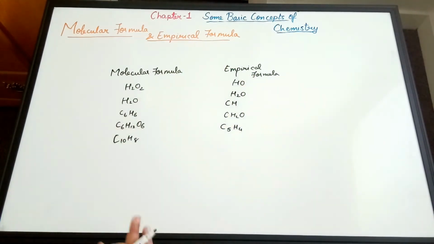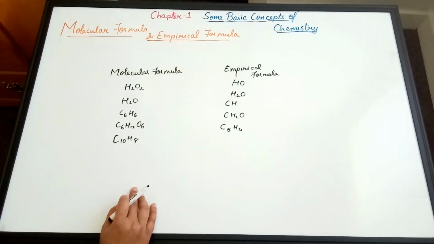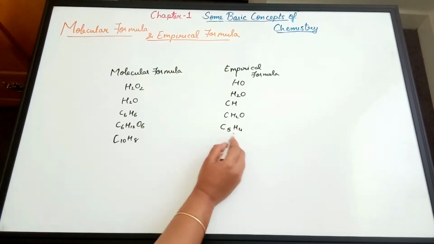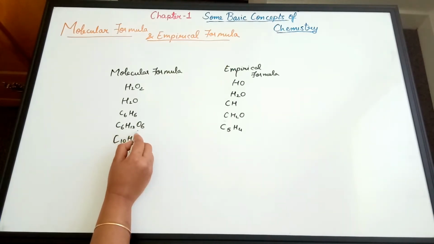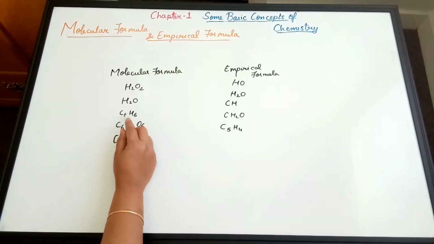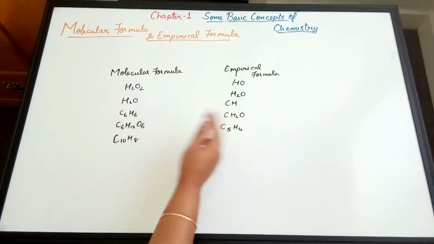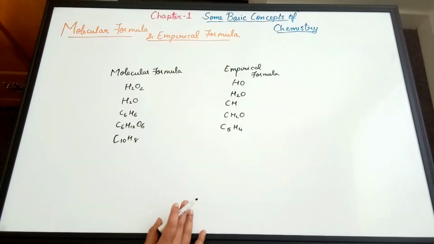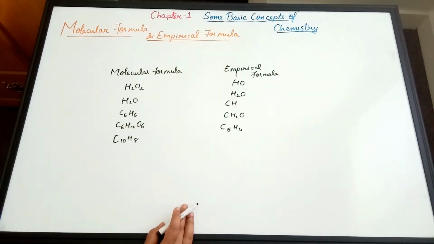For glucose, C6H12O6, divide by 6: 6 ones are 6, 12 twos are 12, so CH2O. For C6H6, 6 and 6 are the same, so CH. So the empirical formula gives us the simplest whole number ratio.